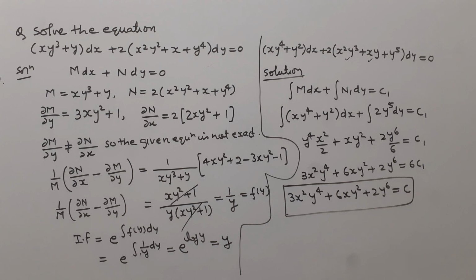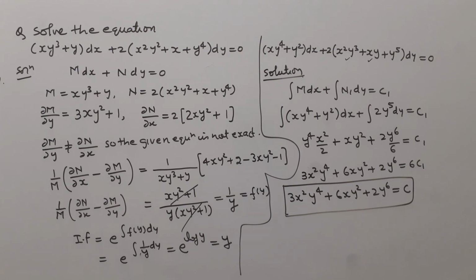So we write here the solution of this equation, which can be written as integration of M dx plus integration of N1 dy is equal to c1, where N1 is obtained from N and we take those terms of N in which x is absent. So in the third term 2y^5, we can see x is absent. So N1 is here 2y^5.